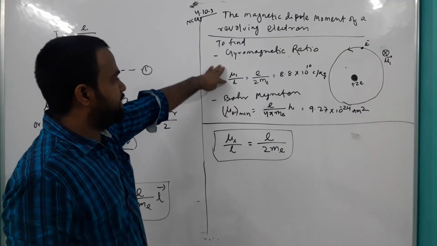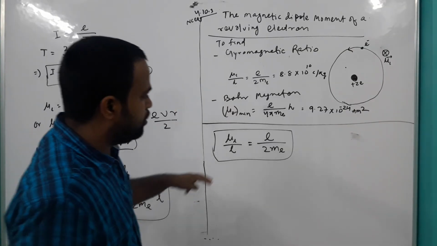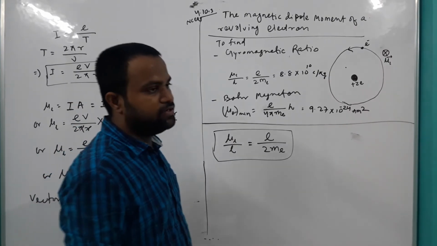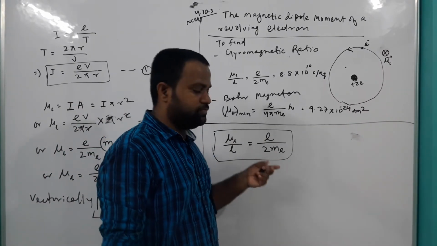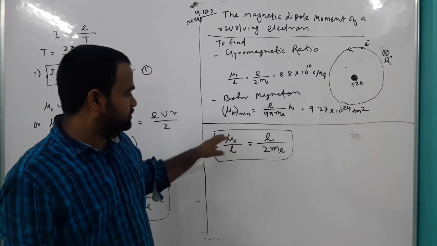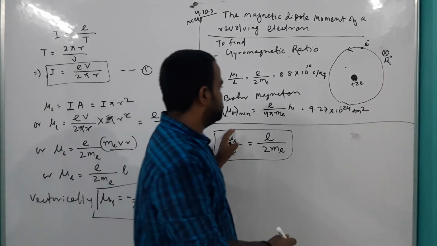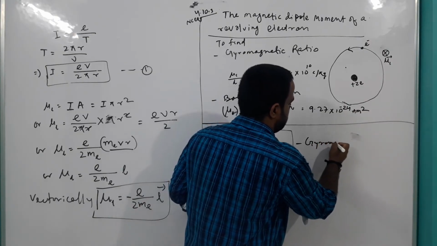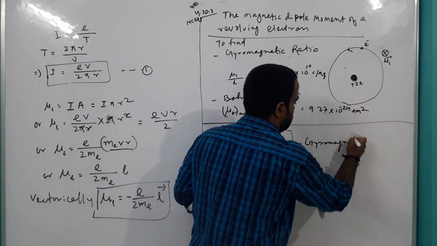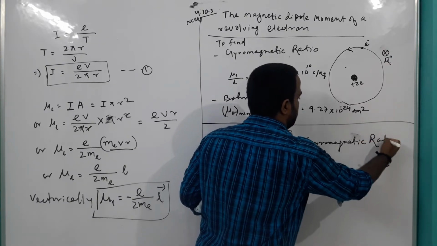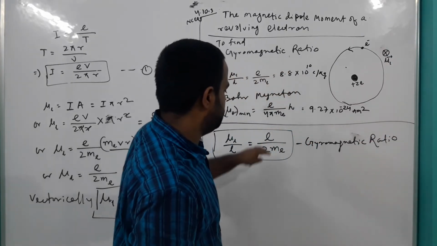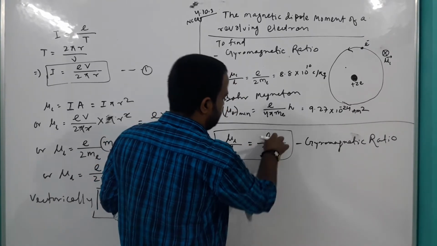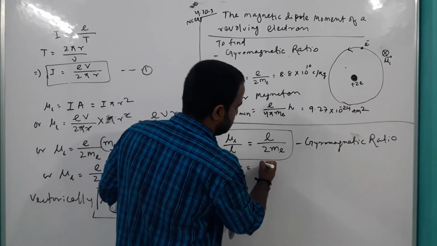This is your gyromagnetic ratio. It is a constant; experimentally it is proved by various experiments that this ratio is constant, and this ratio is called the gyromagnetic ratio.